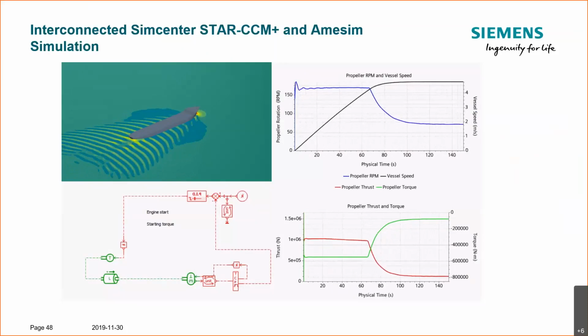And if you extend the engine model, this can be taken to the level of maneuvering in waves, for example. Just as an example, how CCM Plus and AIMSIM can play together for both of these applications.